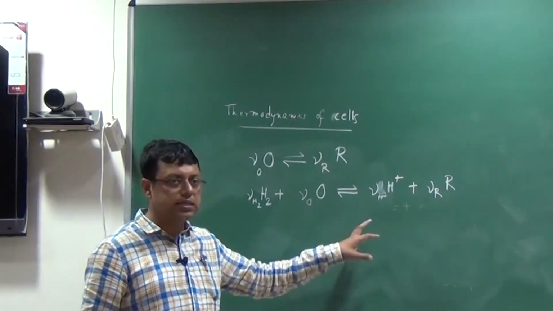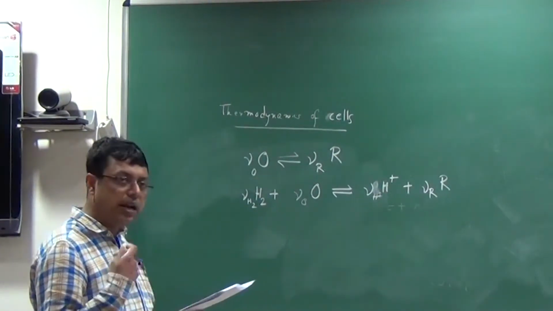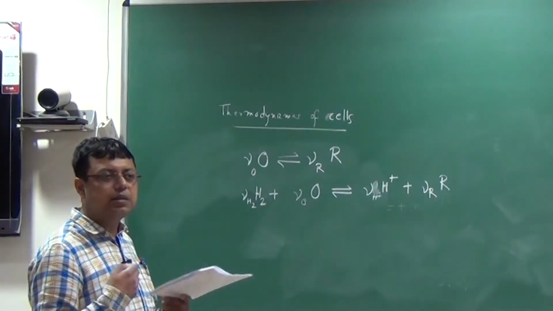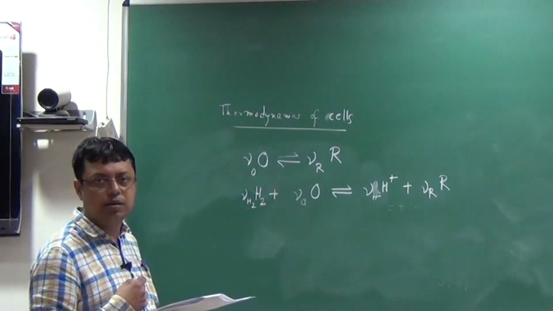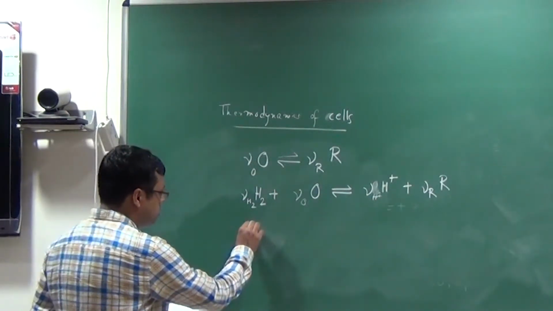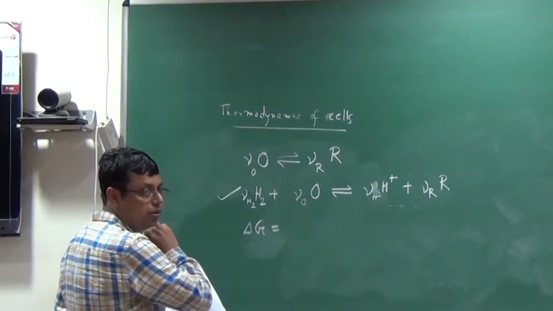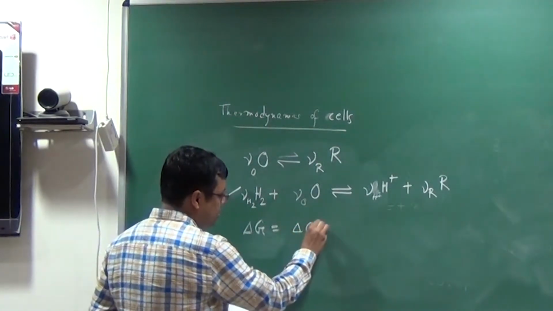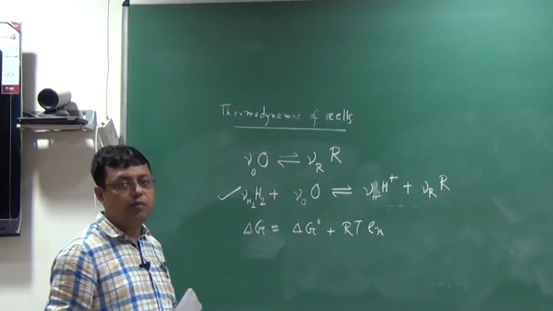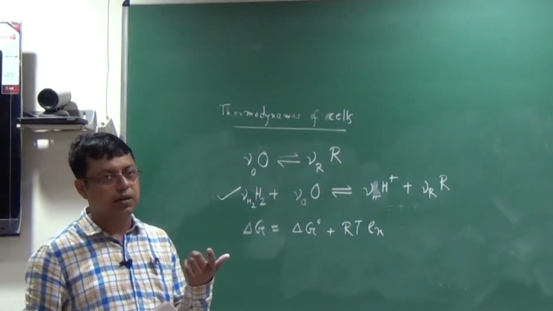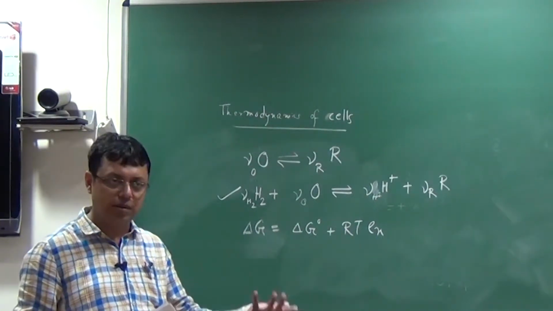So now for this cell, how do I write the equilibrium constant? Already you know, because I can write the delta G as delta G0 plus RT ln the quotient. So for this reaction I have delta G0 plus RT ln. Now ideally I have to use the activities, right? I cannot use the pressure for the gas phase, it has to be replaced by fugacity.